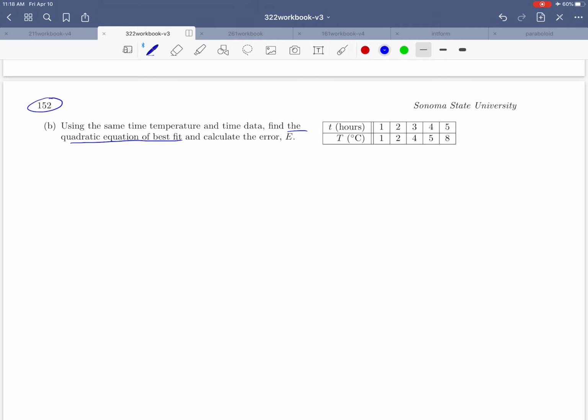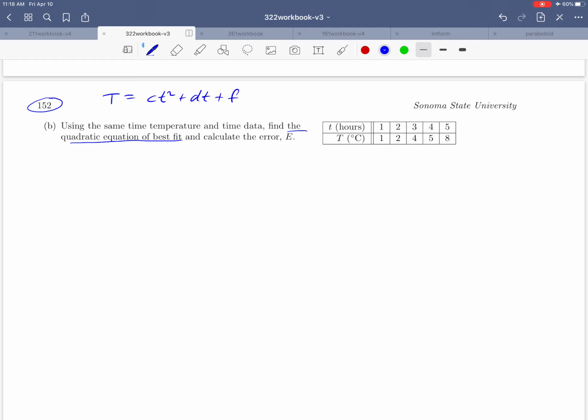Let's remind ourselves first of what the standard form for the equation of a parabola is. If there were a parabola that went through all of these data points, it would look like that for some constants c, d, and f.